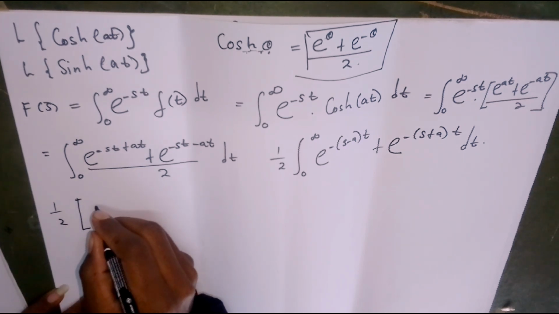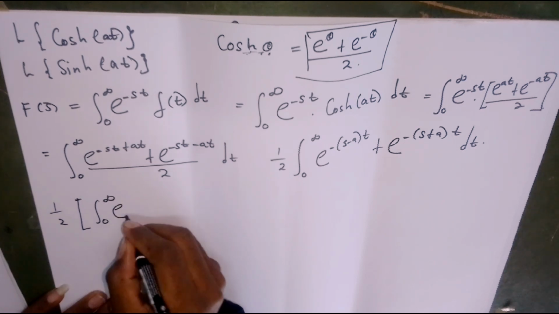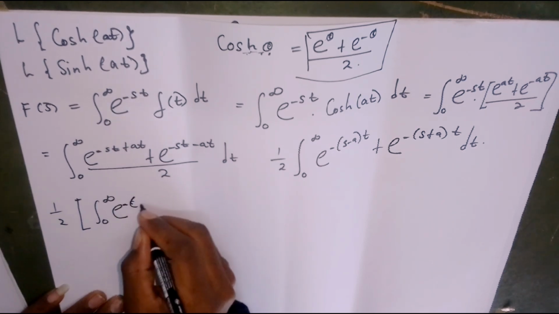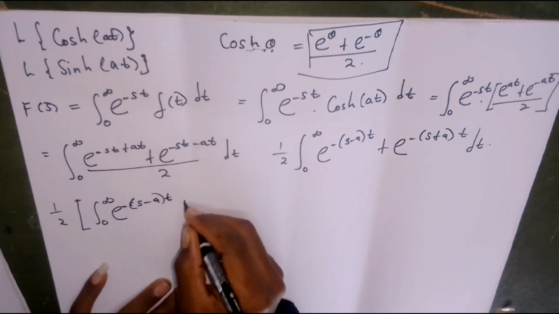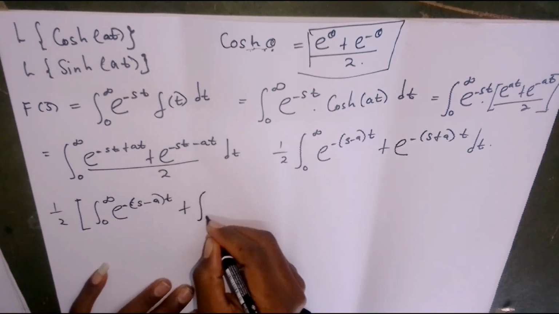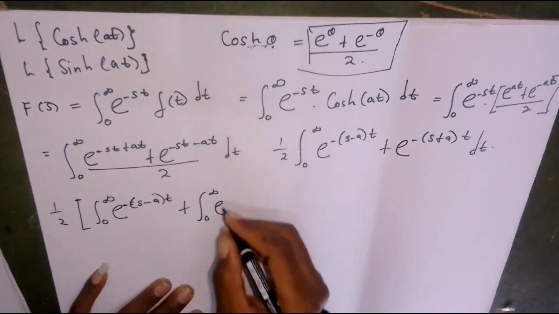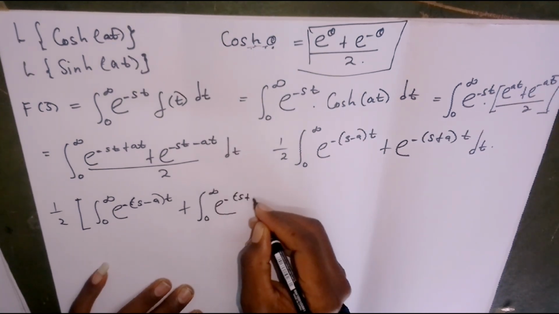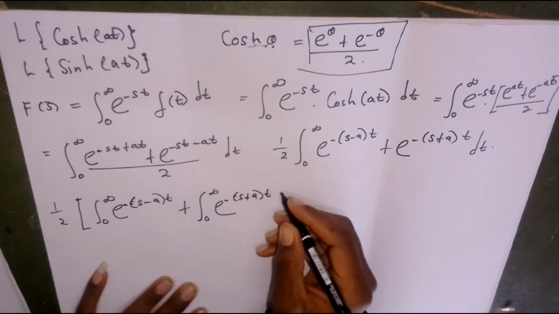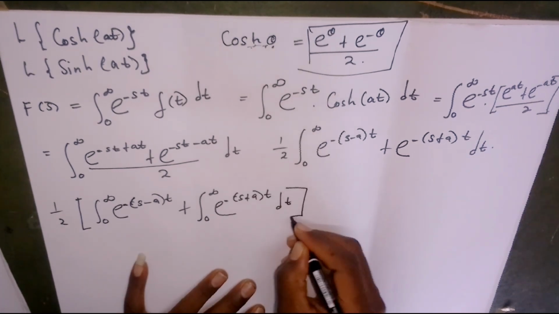Then we can say the integral from 0 up to infinity of e to the power negative s minus a multiplied by t, then plus another integral from 0 up to infinity. We'd like to separate these two, e to the power negative s plus a times t dt.